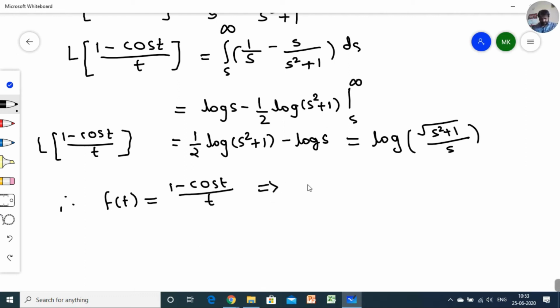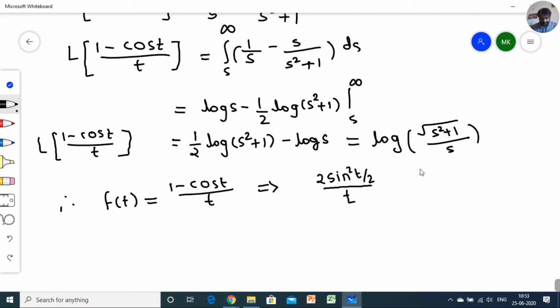I can write this part: 1 minus cos t is 2 sine square t by 2, upon t. Hope everyone is clear about this concept.